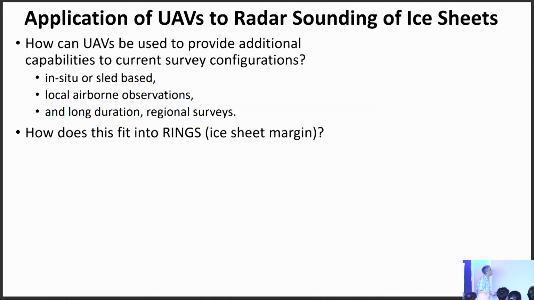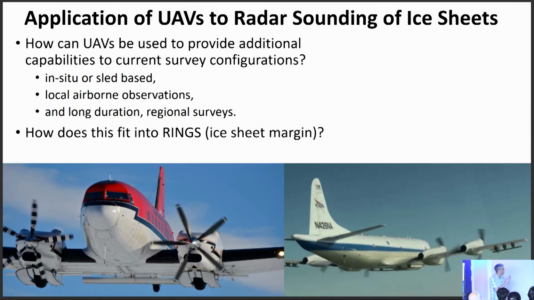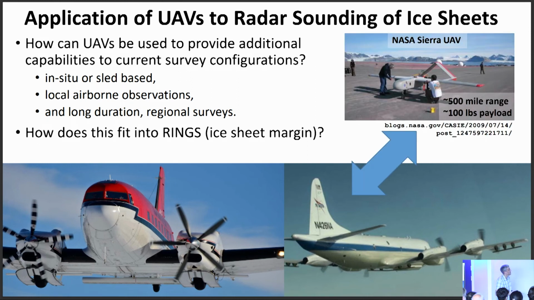How does this fit into RINGS? If we think about what we have previously had with RINGS, and maybe I should have the Twin Otter up here as well, we have these big manned aircraft with large arrays, and what we want to do is fit that on something like the NASA Sierra system.